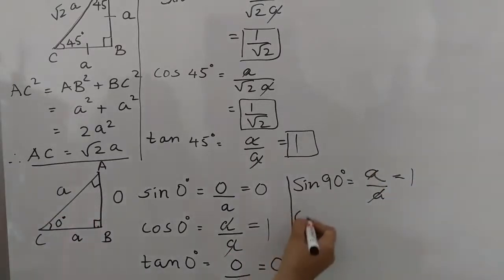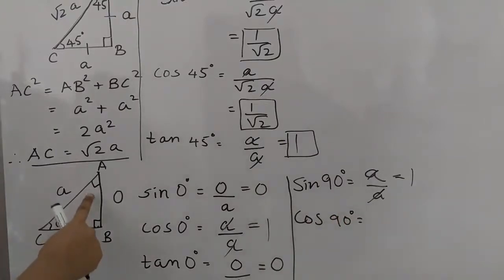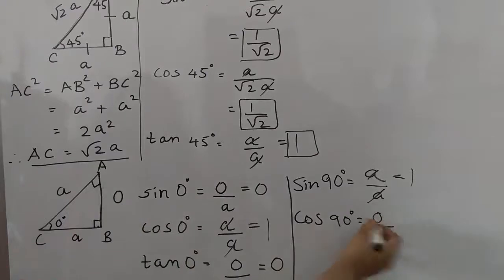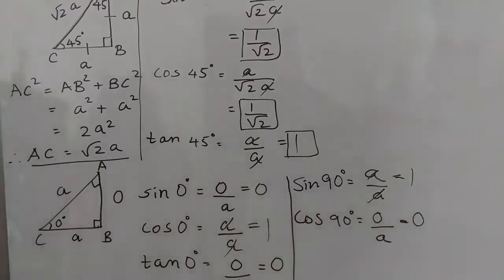Now cos 90 degree is equal to, cos means adjacent to it. This is adjacent to it 0 and hypotenuse is A. So 0 by any value is always 0. And the third is tan 90 degree. For tan 90 degree, opposite is A and adjacent to it is 0. So is it possible anytime that the denominator can be 0 in any fraction?